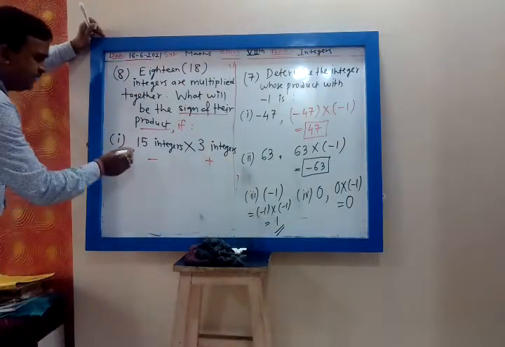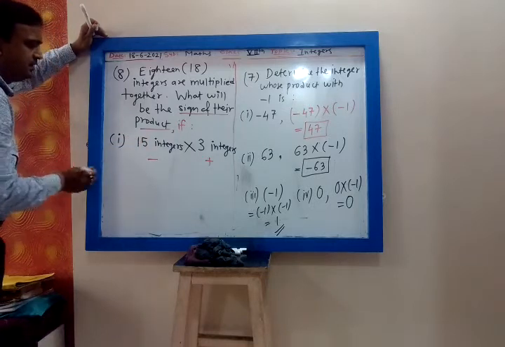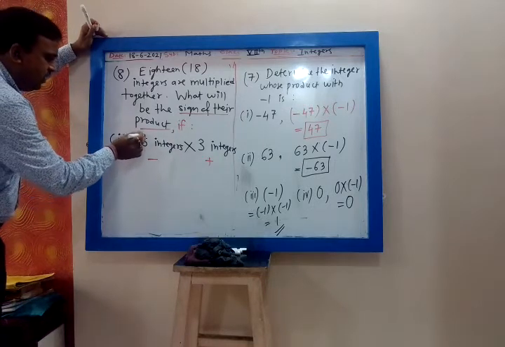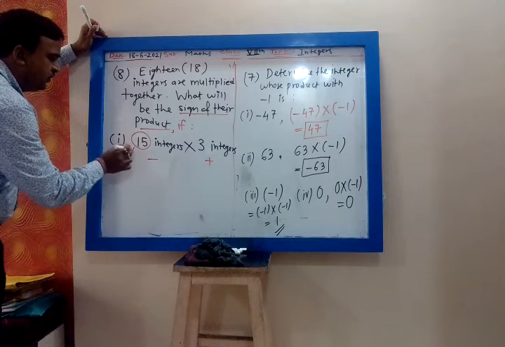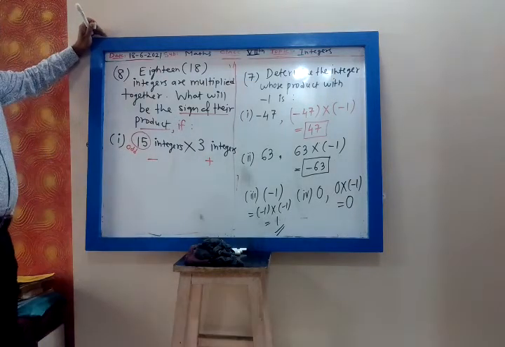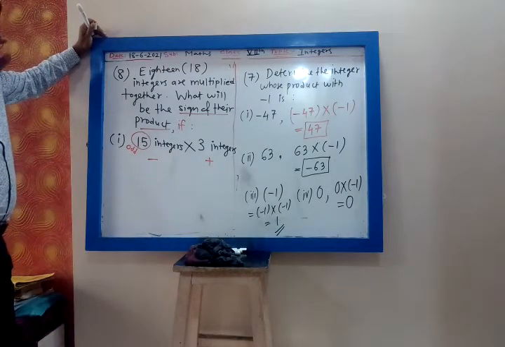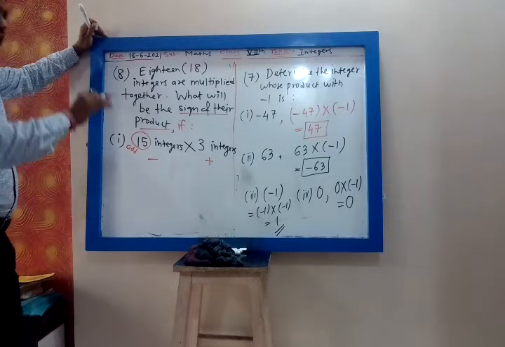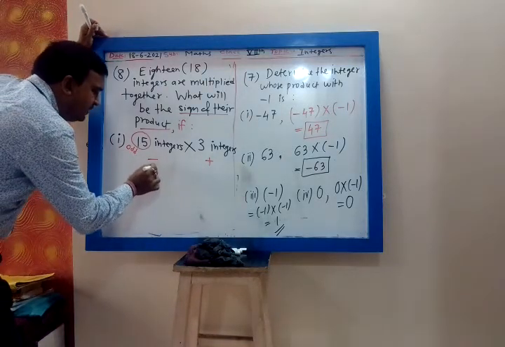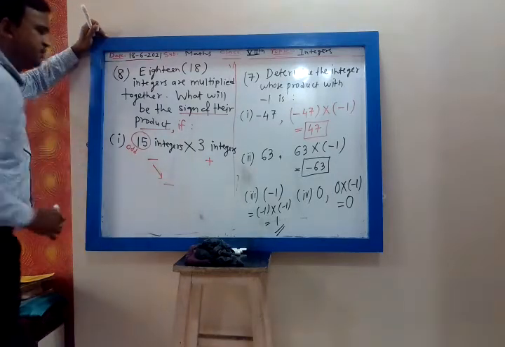Now you tell me, is 15 odd or even? Odd. So whenever you multiply the minus sign an odd number of times, the result will be minus sign.